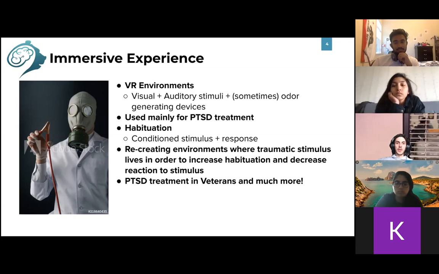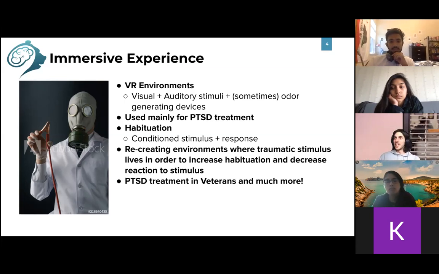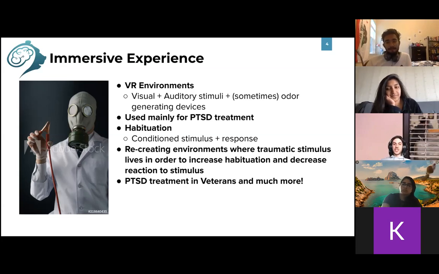So you have a conditioned stimulus and a conditioned response. For instance, you see snakes and you immediately have a fear reaction. By showing you a VR environment with a lot of snakes and hissing sounds and Parseltongue, what is it in Harry Potter? I guess you can adapt your reaction so that you don't have that same fear.